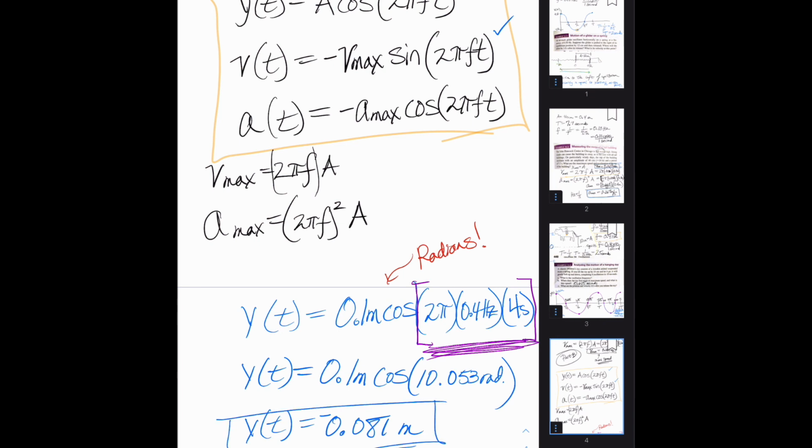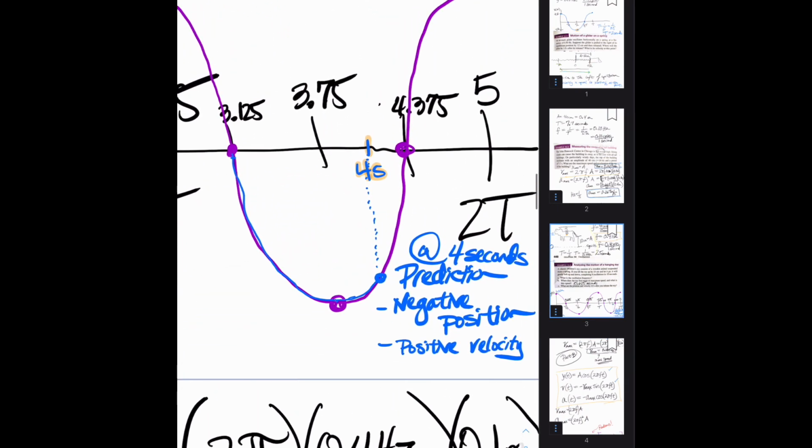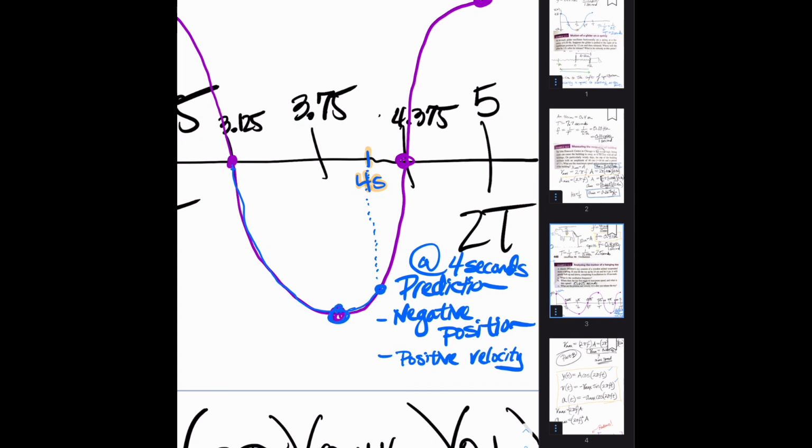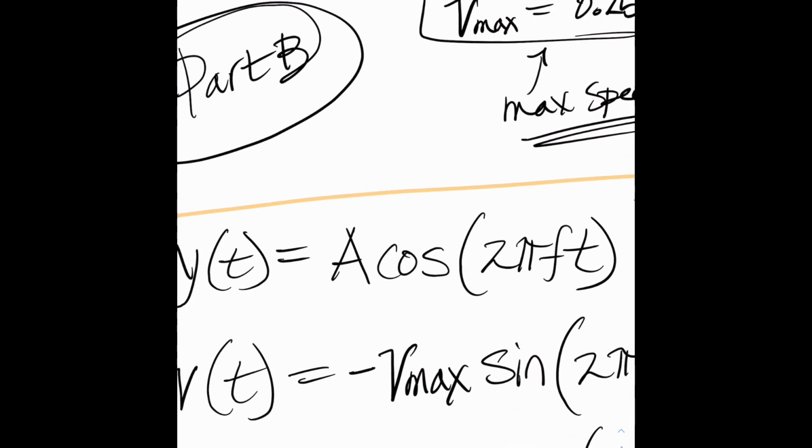So this is negative 8 centimeters, which is about what we predicted. You figure it's negative 10 centimeters right here at the bottom, and so negative 8 centimeters seems pretty realistic, pretty spot on for our prediction.